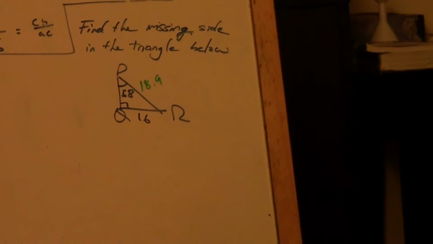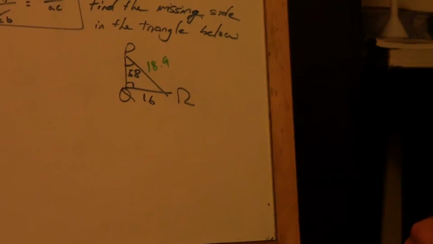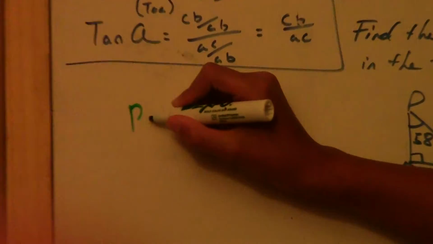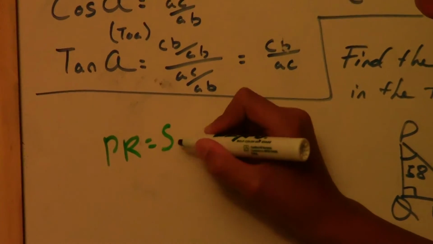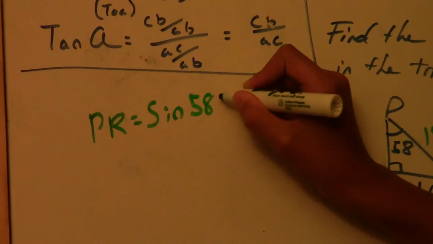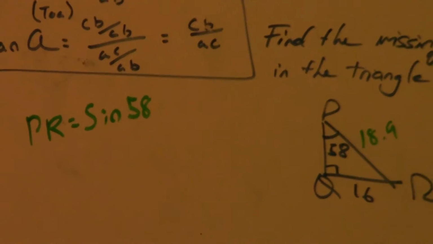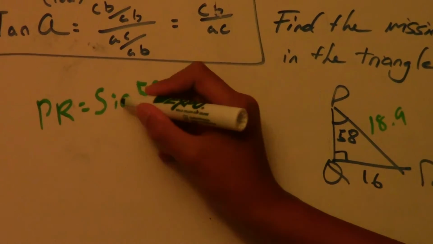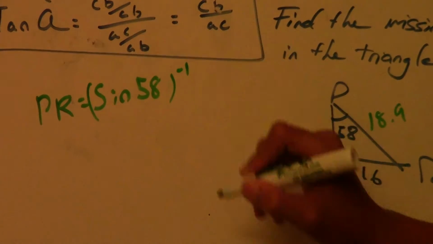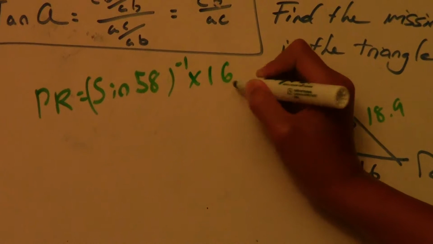So you find PR? Oh, yeah, I found PR. Now how do you find PR? Can you write down PR equals sinus 58 or something? PR is sinus 58 to the power of -1, multiplied by 16.